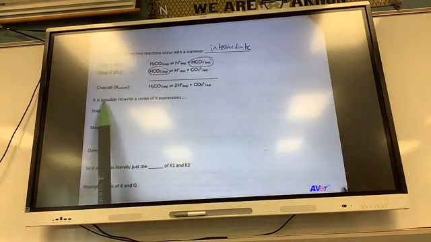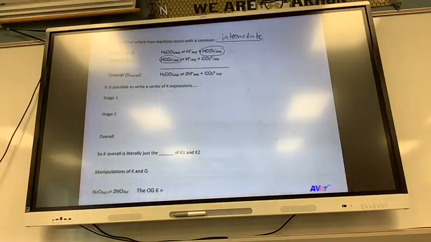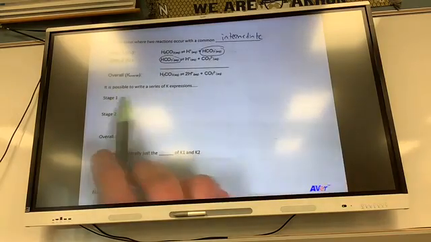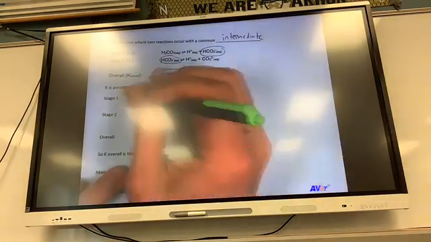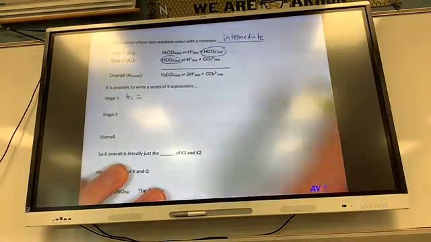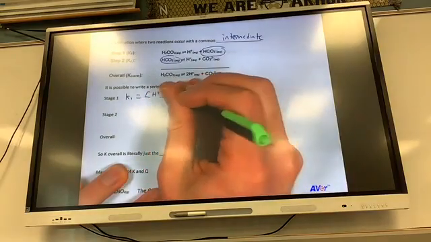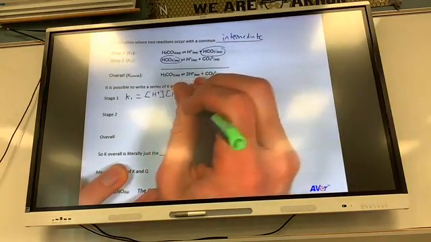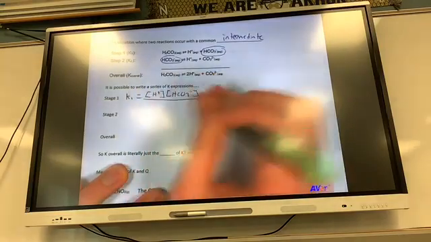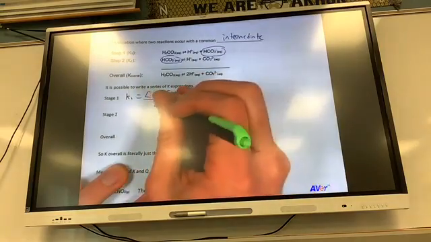It's possible to write a series of K expressions. So, for stage 1, K1 would equal the concentration of H plus times the concentration of HCO3 minus over the concentration of H2CO3.